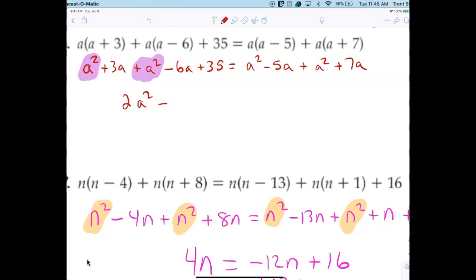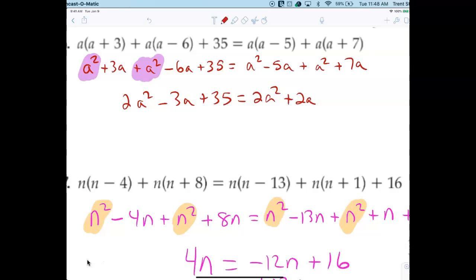Then minus 3a plus 35 equals 2a to the second plus 2a. What happens to the 2a squareds?